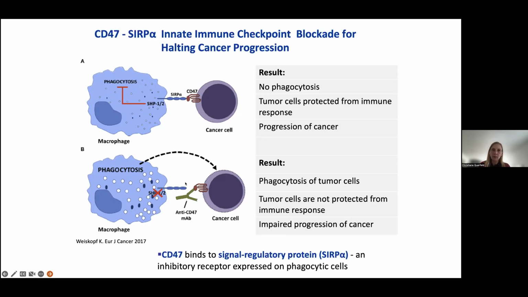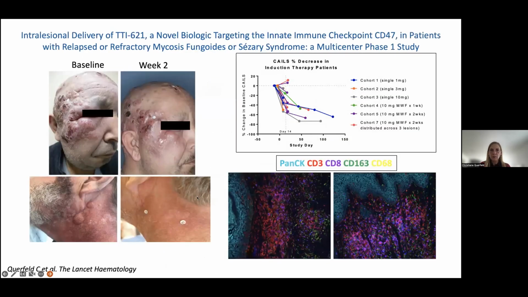If you inhibit this CD47 SIRP-alpha interaction, you induce phagocytosis. And all these treatments, whether it's a SIRP-alpha inhibitor or a CD47 inhibitor, target the synapses.